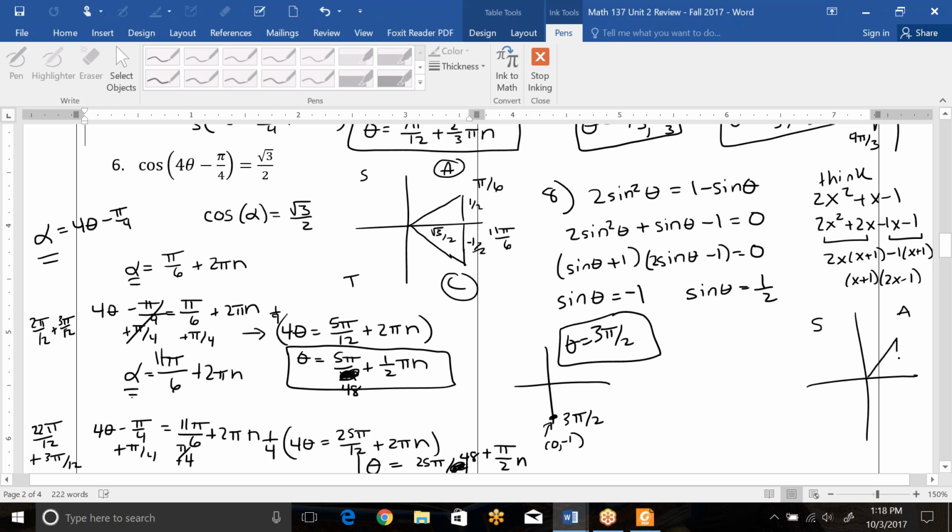That means that your y value is 1/2. That means we're talking about the angle of pi over 6, because it's the 30-degree angle. And we'd have another one over here, and this one would be 5 pi over 6. So this theta gives me pi over 6 and 5 pi over 6.